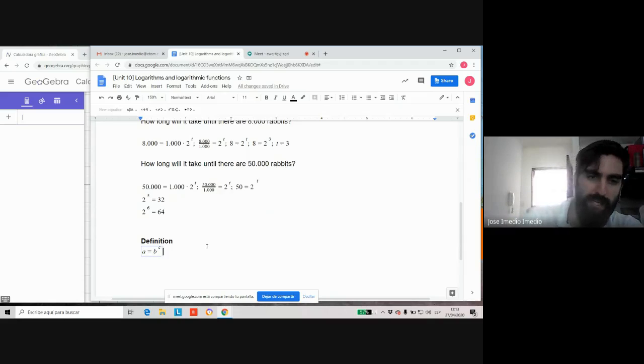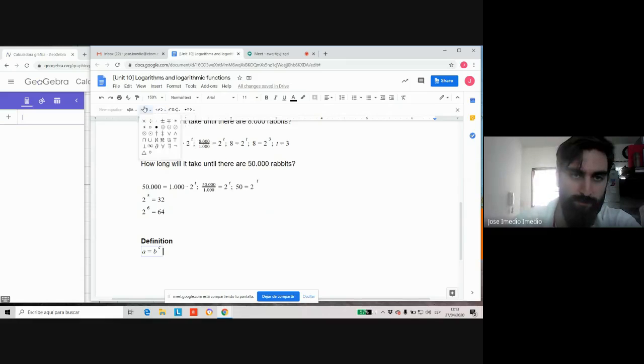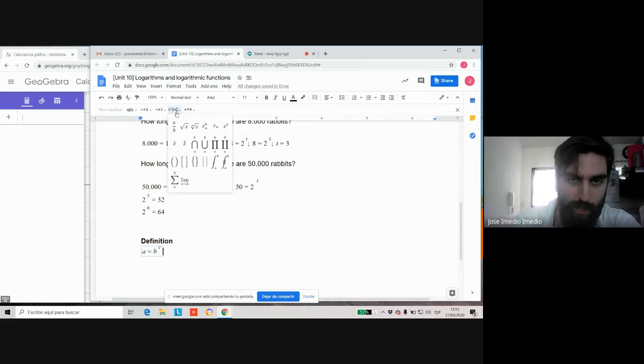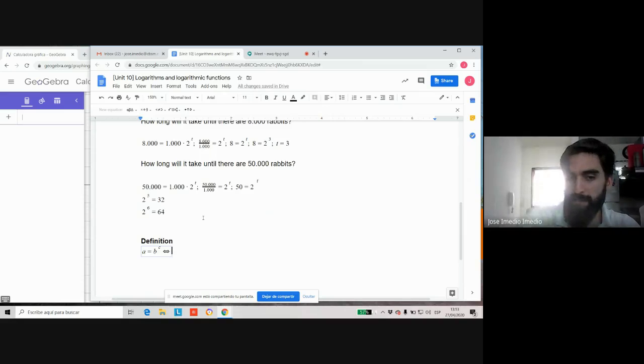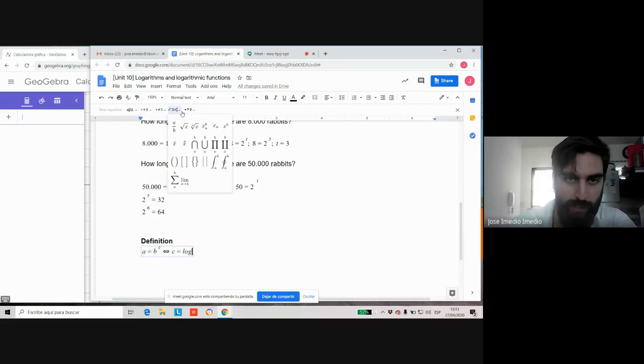If this happens, this is equivalent, let me find the double arrow here, to c equals logarithm. Let me find out how to write it here.